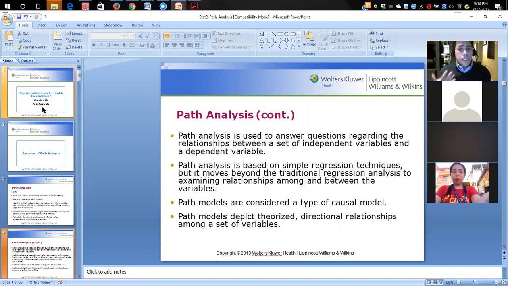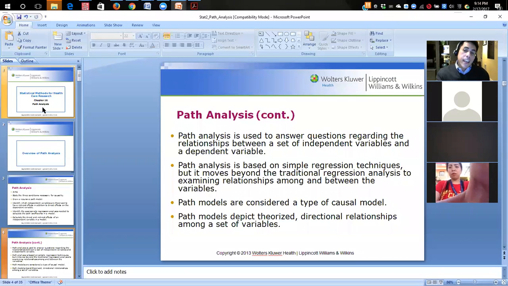As I mentioned earlier, the most important concept in path analysis is that this is a one-way traffic. You can't go back. For example, you can have independent variables, in the textbook, education, and then the other independent variable is belief, and then the dependent variable is exercise.